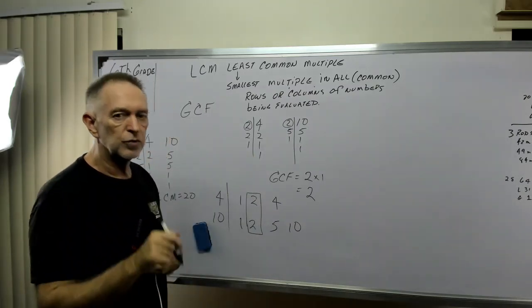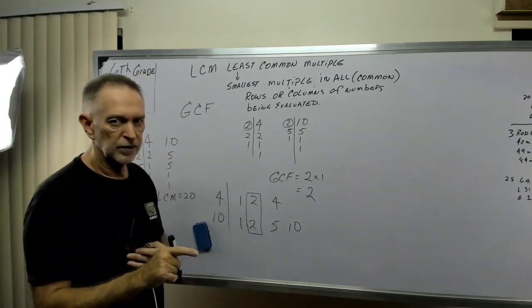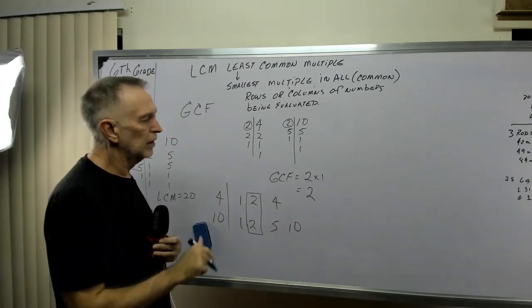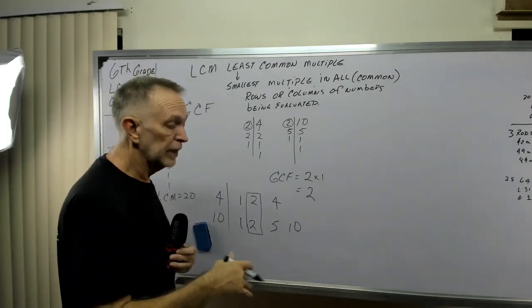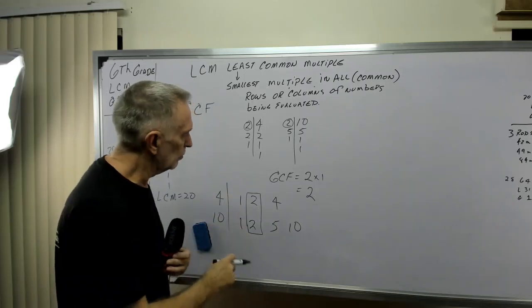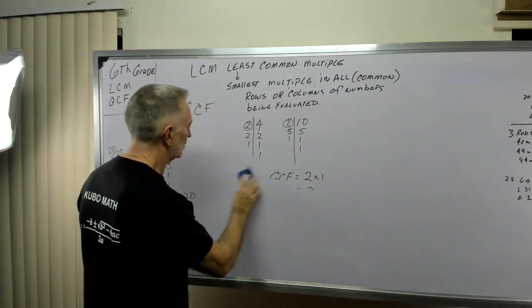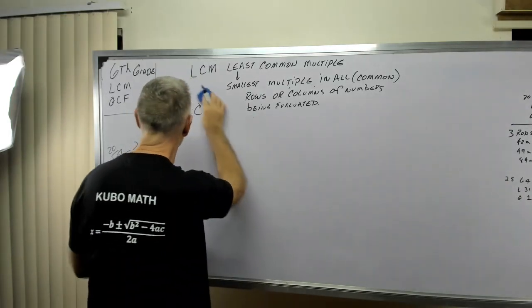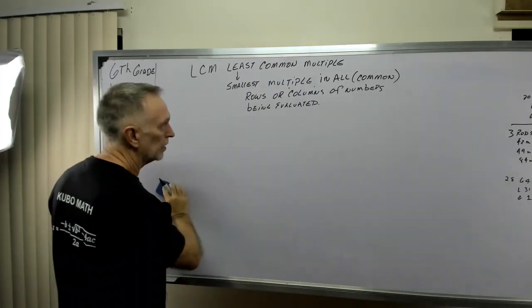But until you get comfortable getting the correct answer, you might want to slow down and think about the method that helps you be correct, and then speed it up later. Okay, we'll get to that. But if we're in a hurry to get the wrong answer, that's no good.